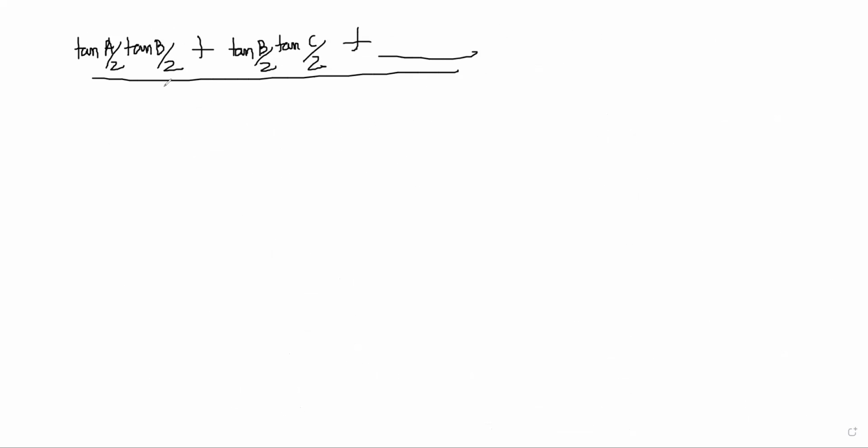Are you understanding now or are you still not understanding? Yes, sir. Got it. Plus third term by tan tan tan. So obviously 1 by tan will come as cot. Cot A by 2, cot B by 2, cot C by 2. Other side will be simply 1 by tan tan tan, that is cot cot cot. So everything will become cot A by 2, cot B by 2, cot C by 2.